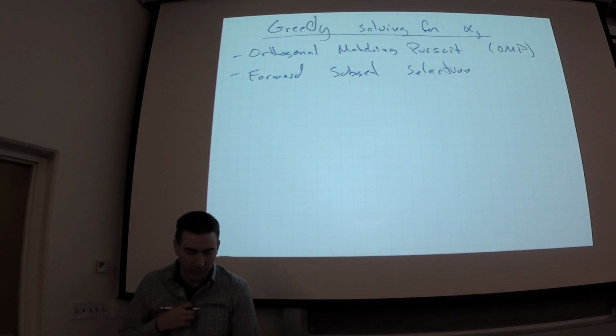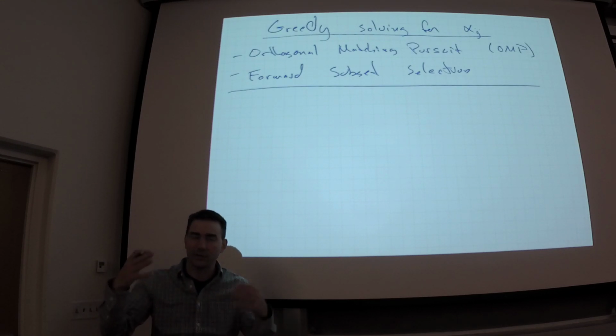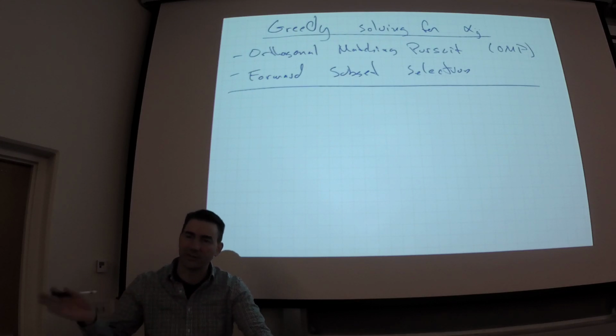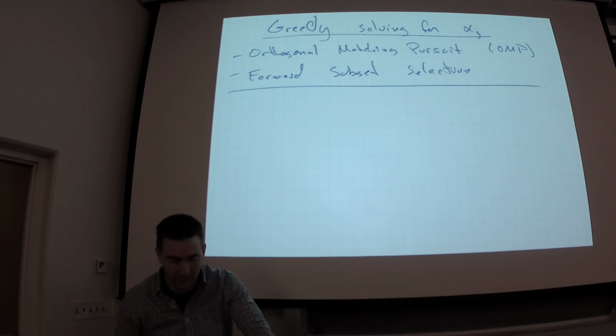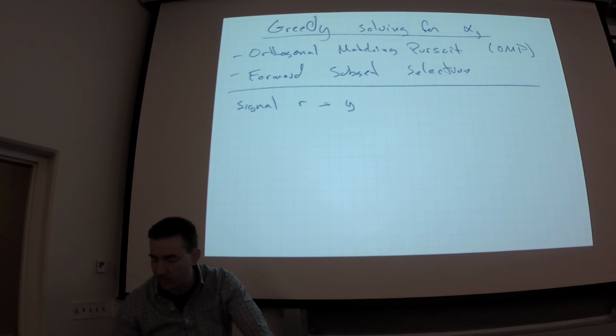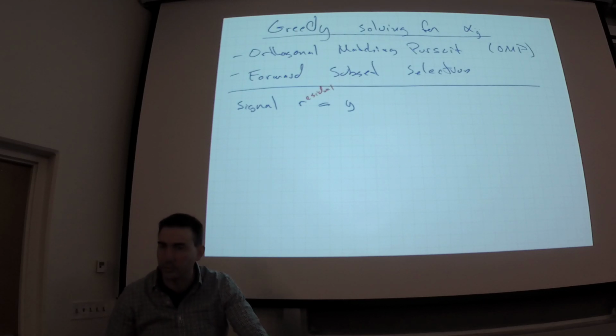So how is this going to work? Let me write down and step through the algorithm step by step, and on the next slide I'll write it in a way that looks a little prettier. I'm going to start with all of my signal, y, and set this equal to r. This r stands for the residual.